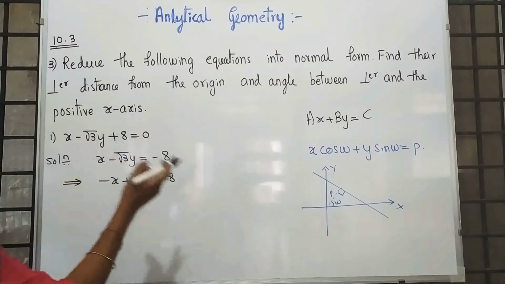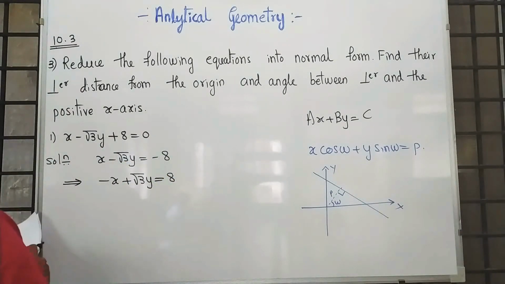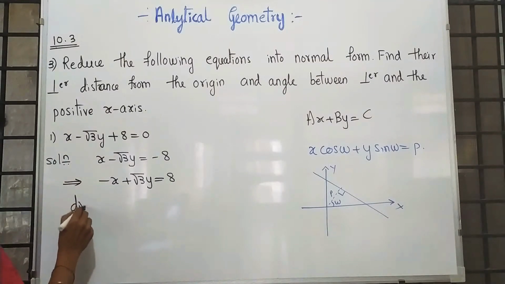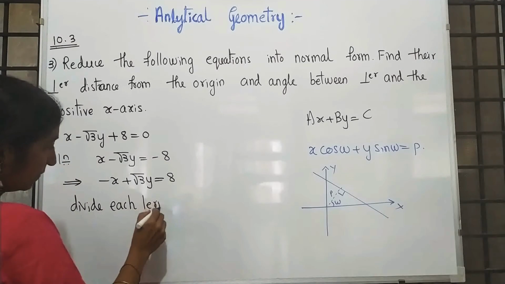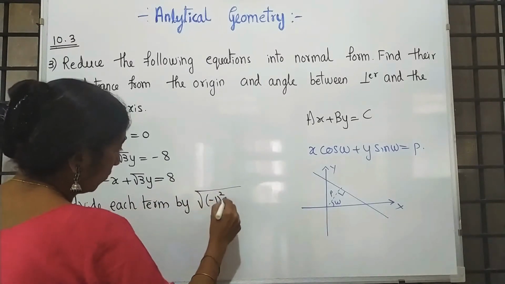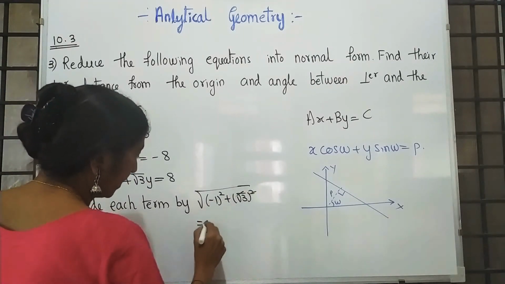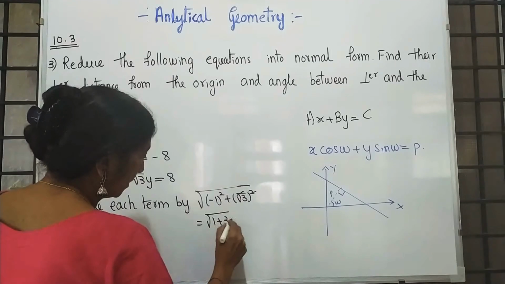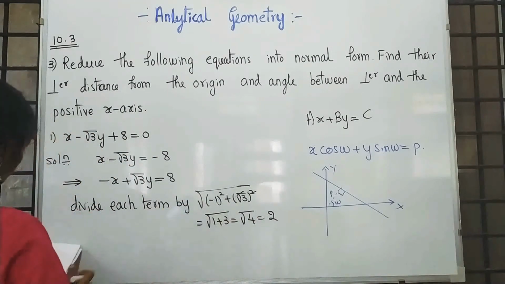Now take the square root of a square plus b square. Already I told you, divide each term by root of minus 1 squared plus root 3 squared. The square root and square cancel, it is 1 plus 3. 1 plus 3 is 4. Divide each term. Square root of 4 is 2.